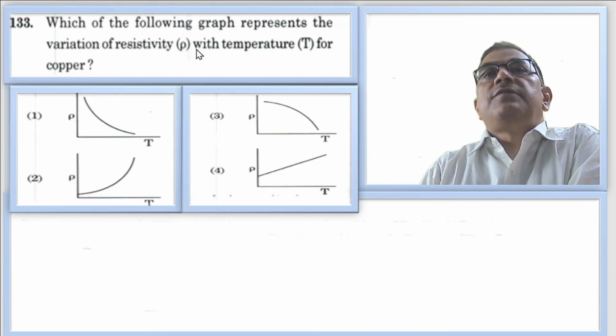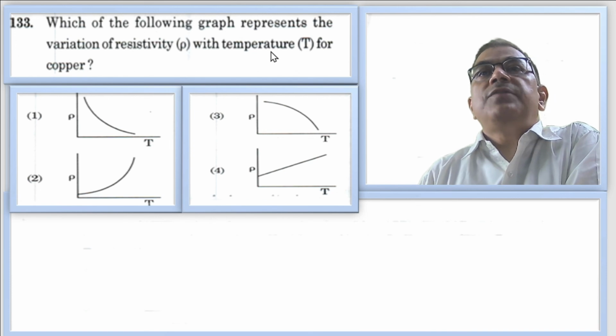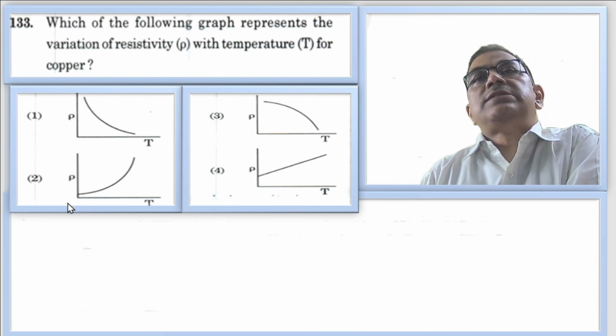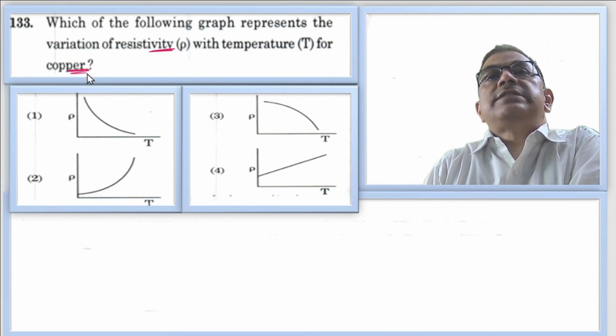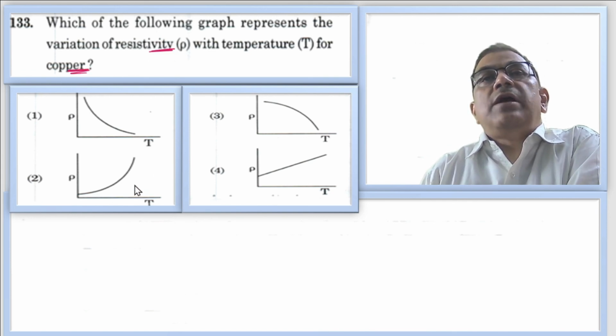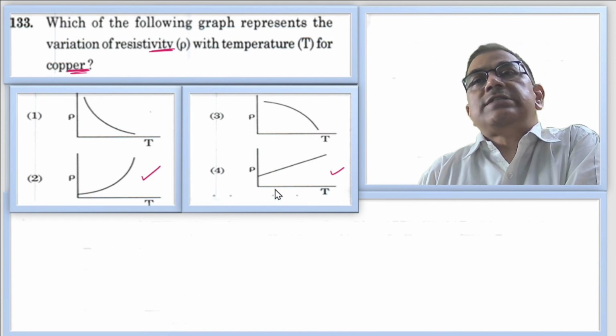Which of the following graphs represents the variation in resistivity with temperature? We know that with increase in temperature, the resistivity increases in the case of metals. So the two possible options are these, in which with the increase in temperature, resistivity increases.